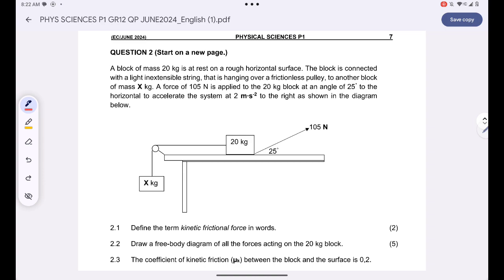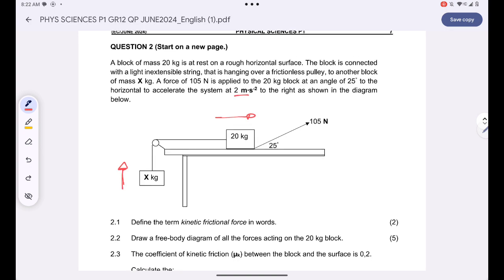A force of 105 newtons is applied to the 20 kg block at an angle of 25 degrees to the horizontal to accelerate the entire system at 2 meters per second squared to the right as shown in the diagram below. Okay, so if the system accelerates to the right, it simply means this guy over here will accelerate upwards.